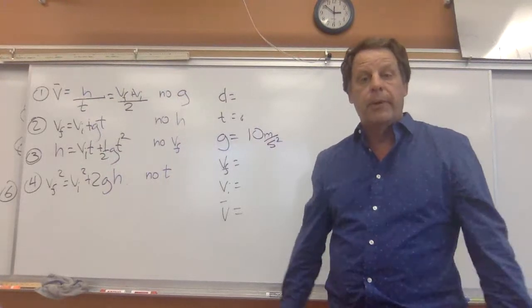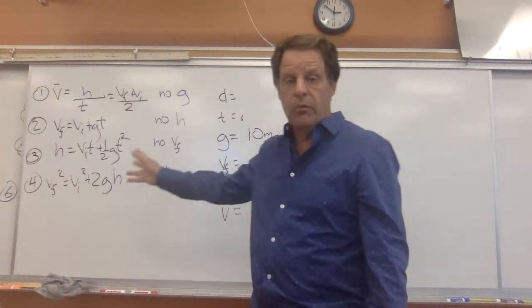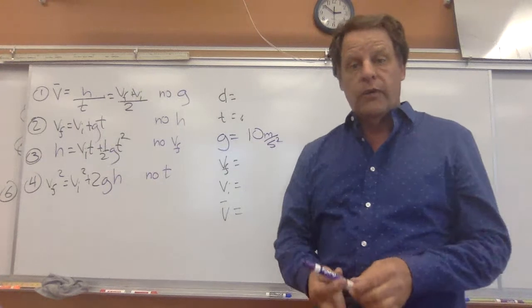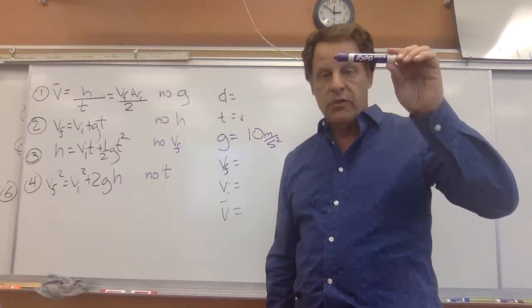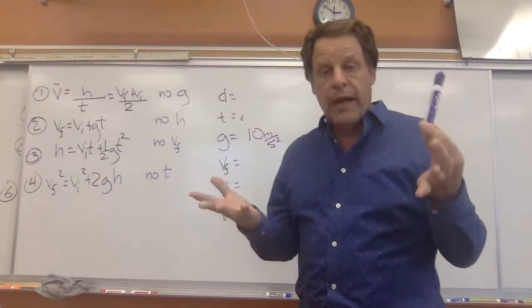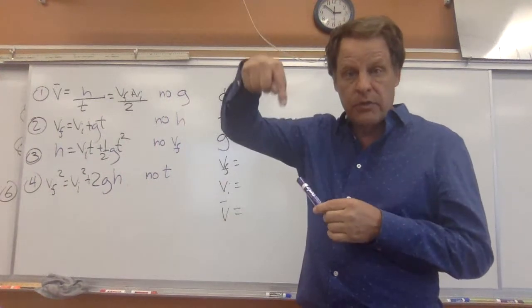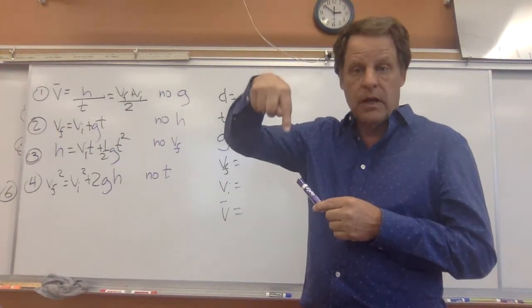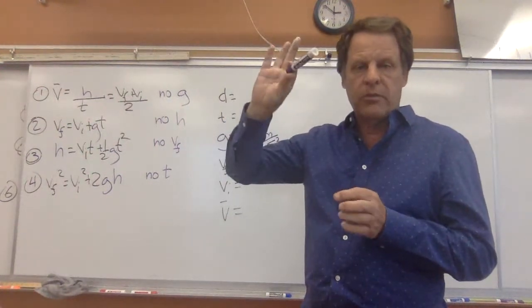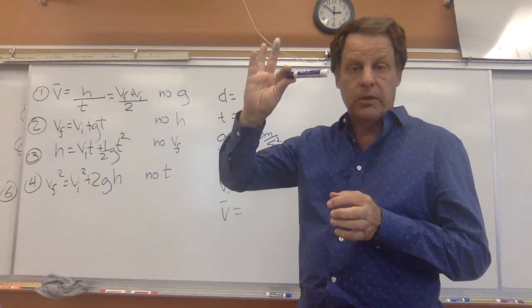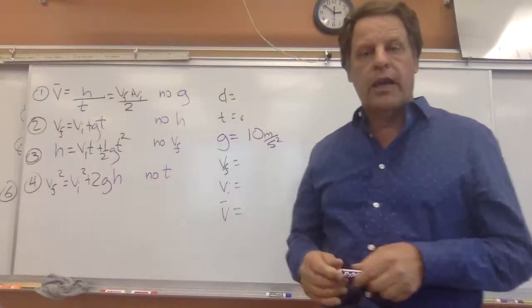But gravity is going to be the same the entire time. If I throw an object up and it reaches its highest point, gravity is still 10 meters per second squared down. Just because it stopped doesn't mean that gravity disappeared. All right, let's take a look at a few questions.